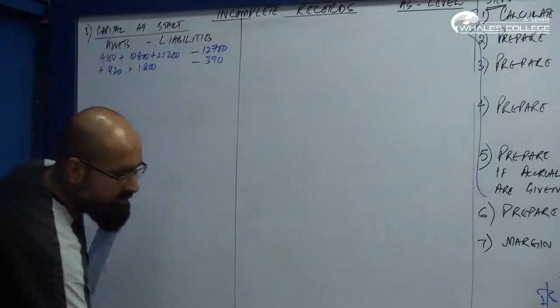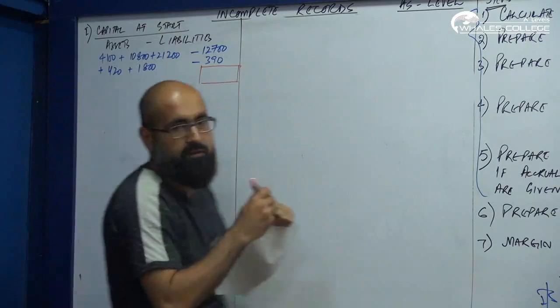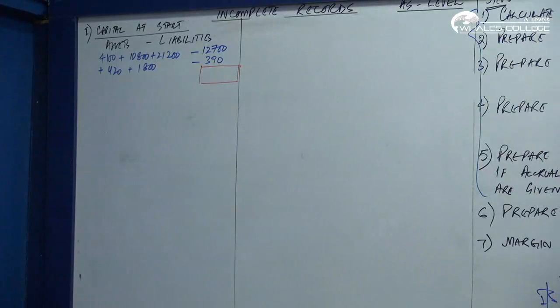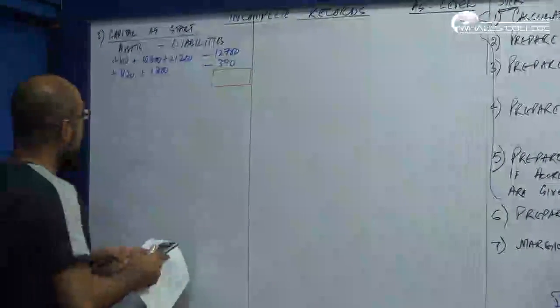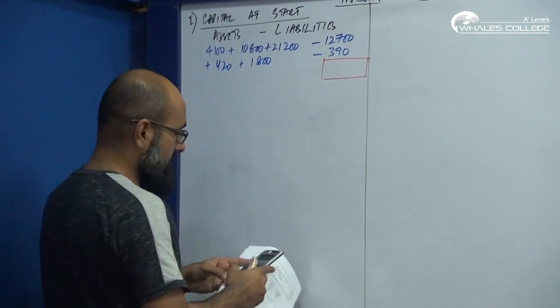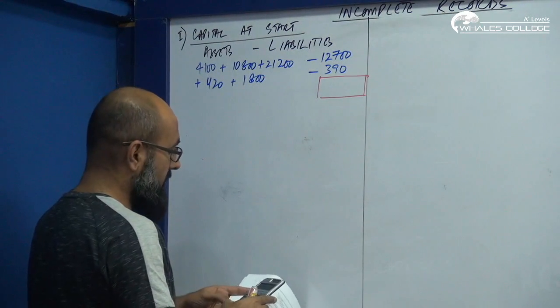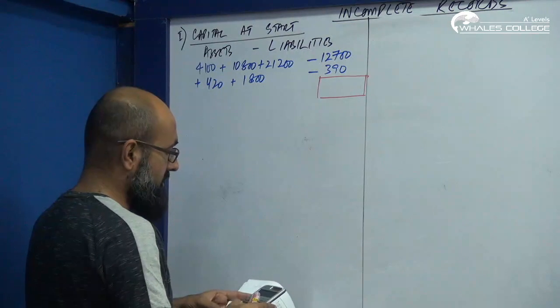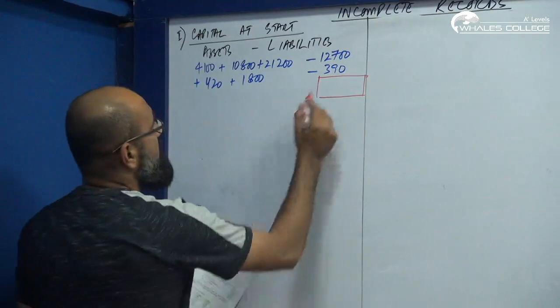Now I also need a calculator. Very rarely do I use calculators. 4100 plus 10800 plus 21200 plus 420 plus 1800 minus 12700 minus 390. So the answer is 25230.